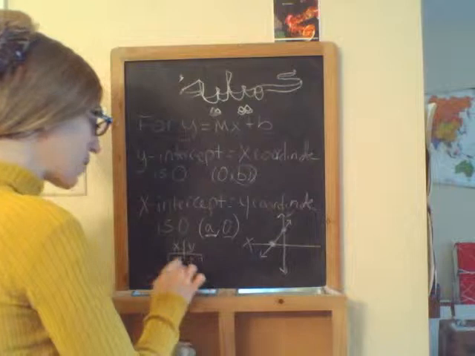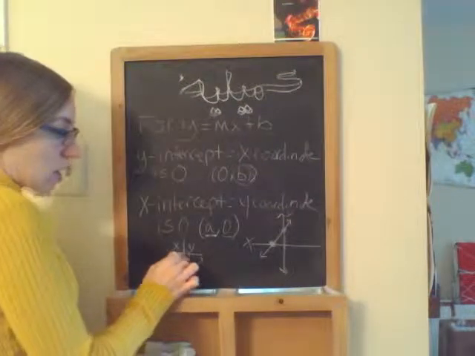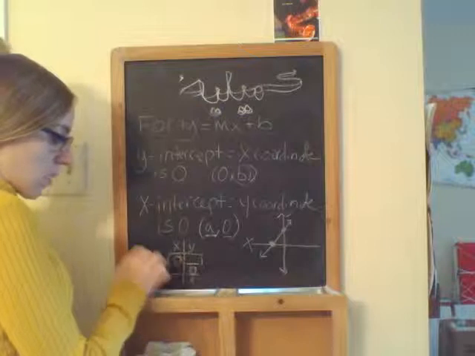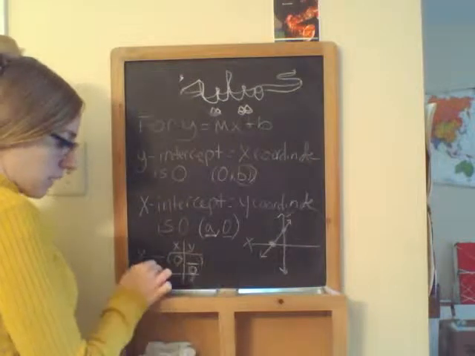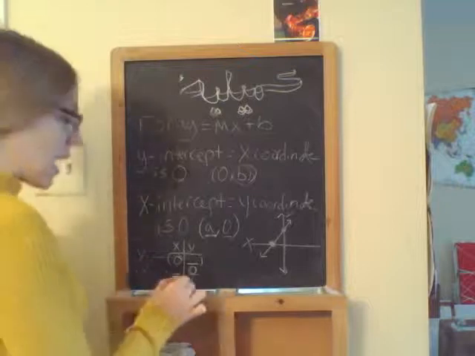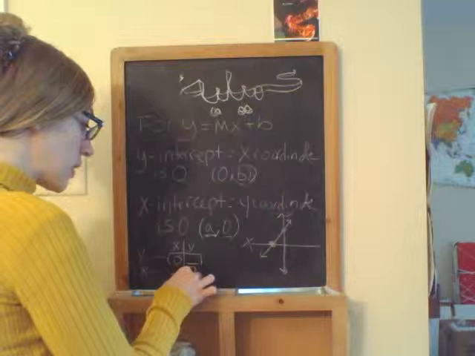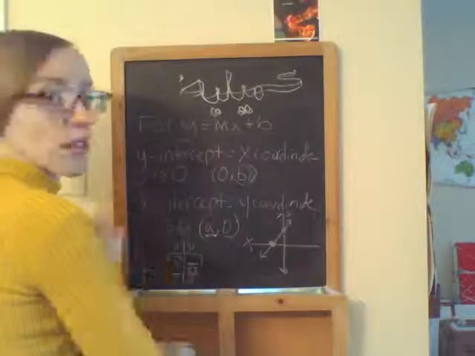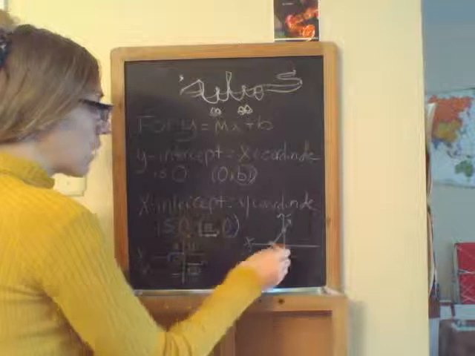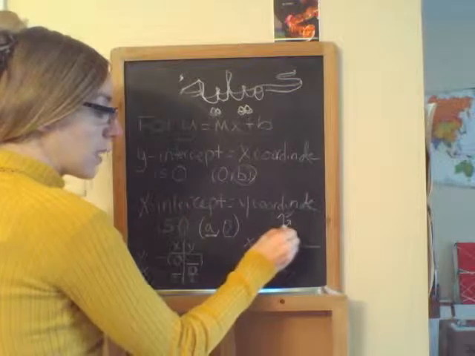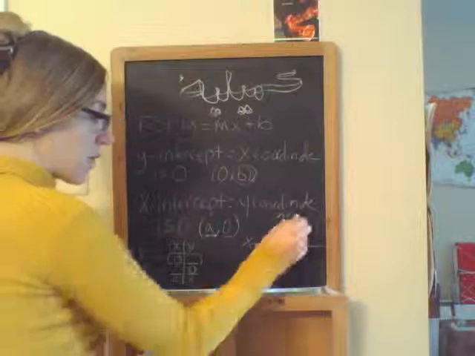So you plug those in, and of course you see here where I plugged in the 0 here, which will mean this one will be my y-intercept, and then I put a 0 over here, and that means this will be my x-intercept. Then you can pick out another number, and you can either choose it for x or y and solve for one or the other, and it'll give you the other set of coordinates that you need to be able to place a point on the plane and find out if it'll make a complete line.